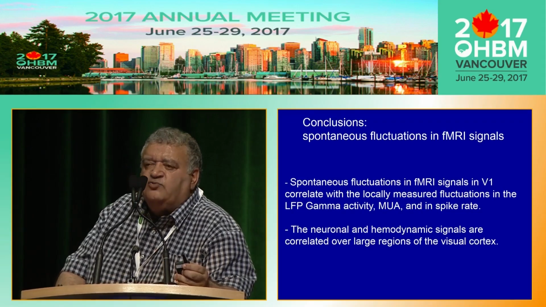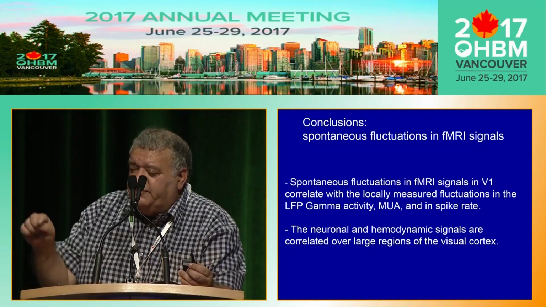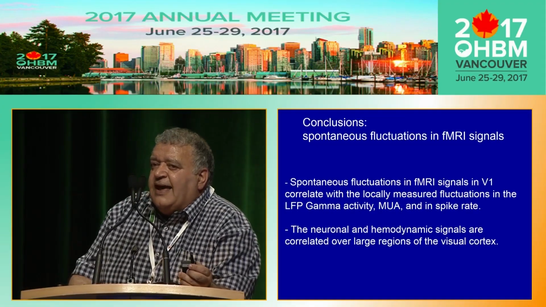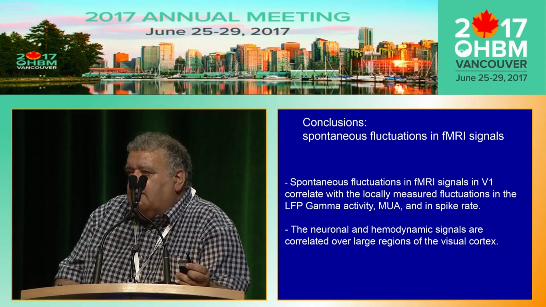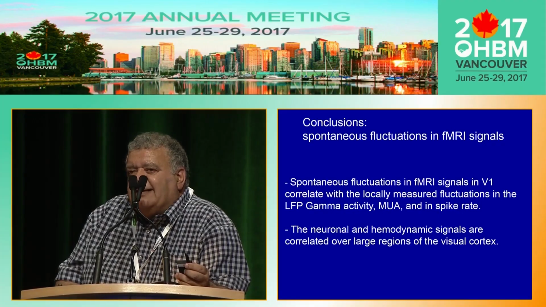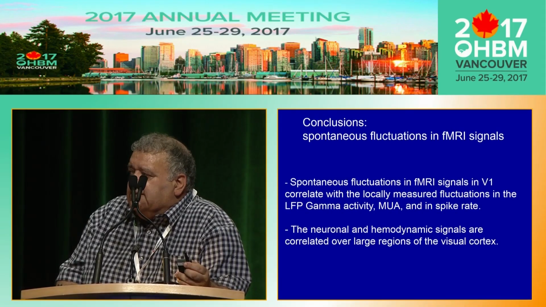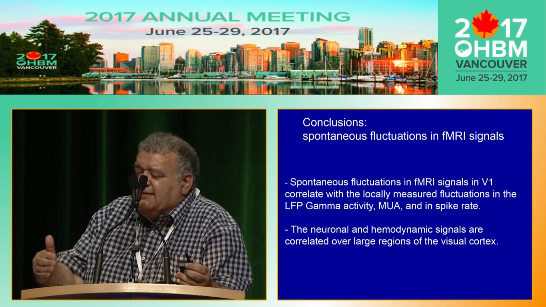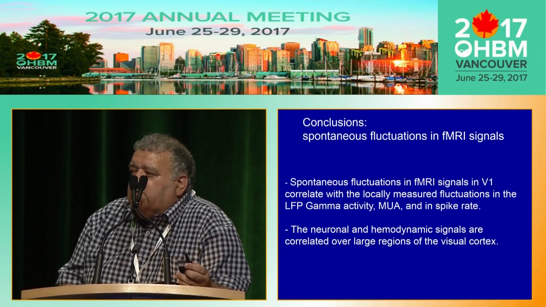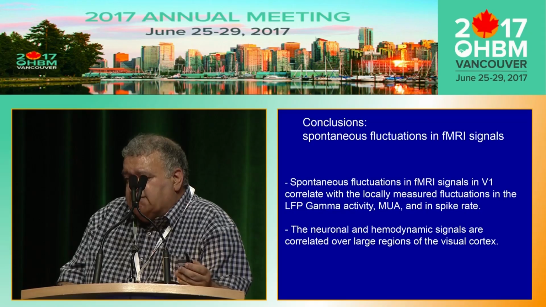I want to add that recent studies showed that, independent of these results, on top of these results, there are likely also very slow fluctuations in membrane potential, fluctuations that are as slow as resting state fluctuations in functional MRI, and both the results that I present here and the very slow fluctuations contribute to fluctuations in fMRI signal.